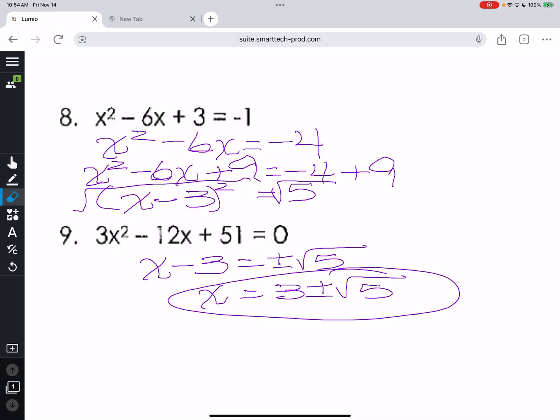You said half of 6 is 3, but then 3 squared is 9. So you put that on both sides. That's what you add: you add the squared number to both sides. And then that's how we got 5.